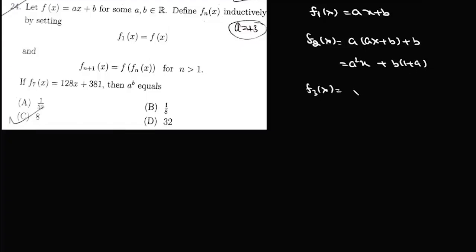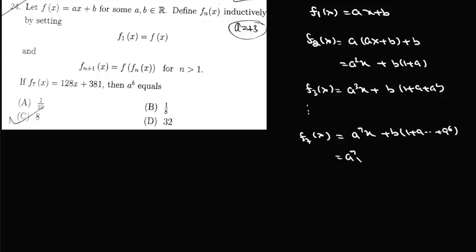Now f3(x) will be a cube x plus b into (1 plus a plus a square). In the same way we can write f7(x), and that will be a to the power 7 x plus b into (1 plus a up to a to the power 6), or we can also write this as a to the power 7 x plus b into (a to the power 7 minus 1) upon (a minus 1).